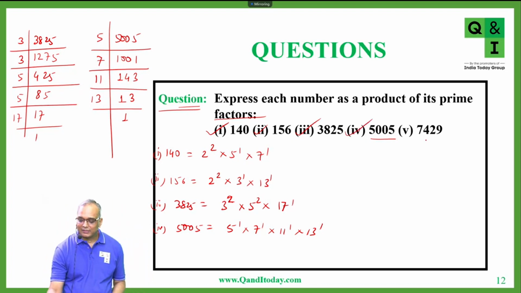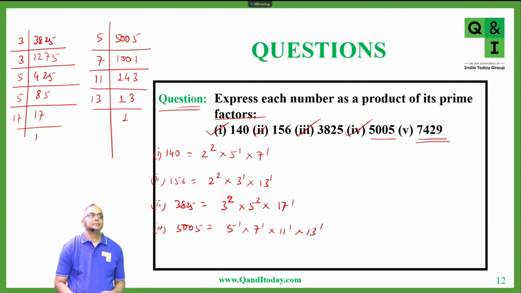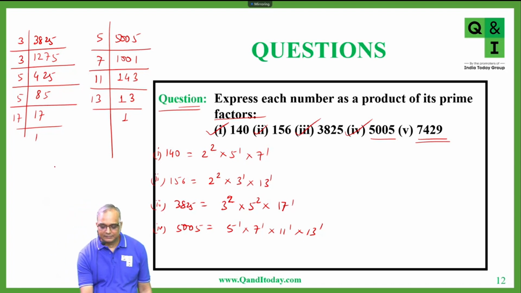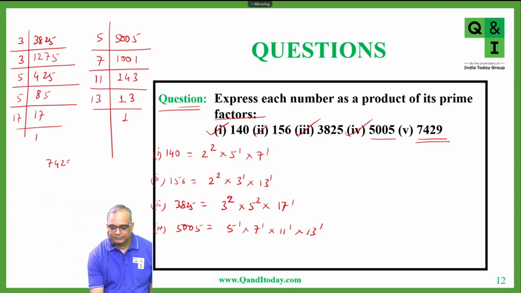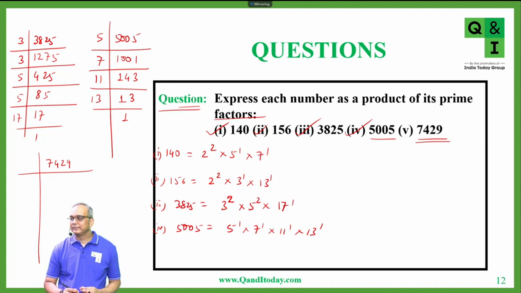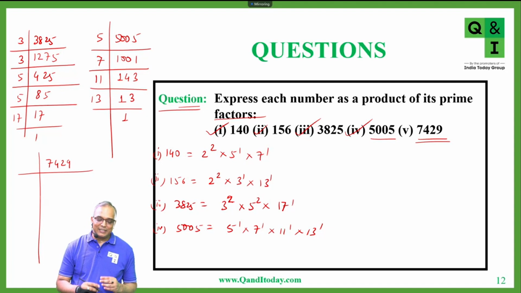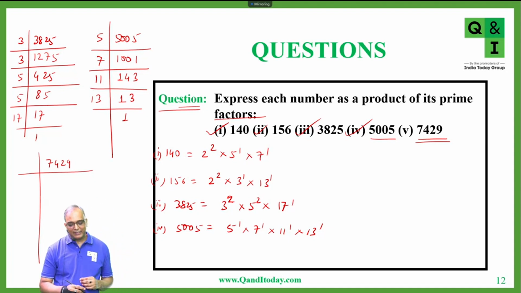Now last one, 7429. This is a bit tricky. Initial prime numbers will not be able to divide it.